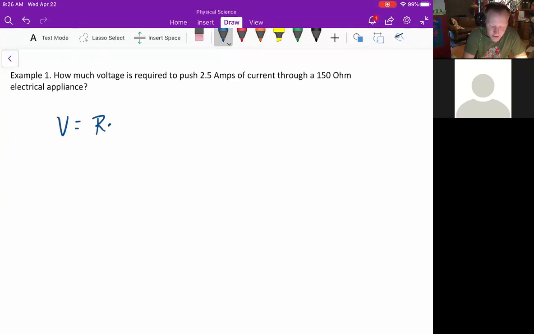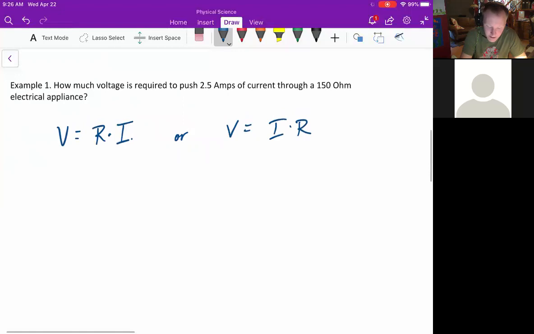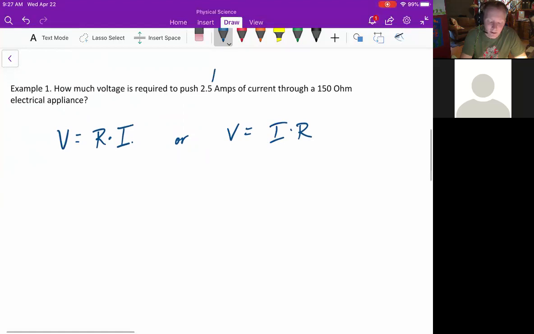We can either write it V equals R times I, or V equals I times R, since the order doesn't matter. The second way is the more common way to see it, but it doesn't make any difference. Our 2.5 amps, I remember, was a measure of current, or intensité de courant, so I'm going to label this with my I for current. 150 ohms is a measure of resistance, so I'm going to label that with my R. And I see from my formula that all I have to do is multiply those two together.